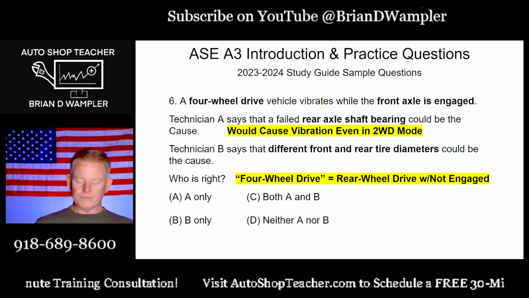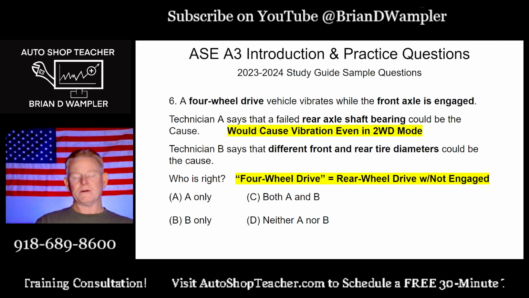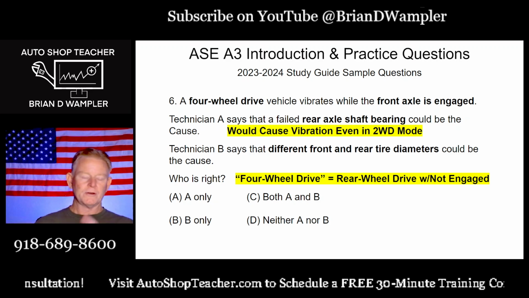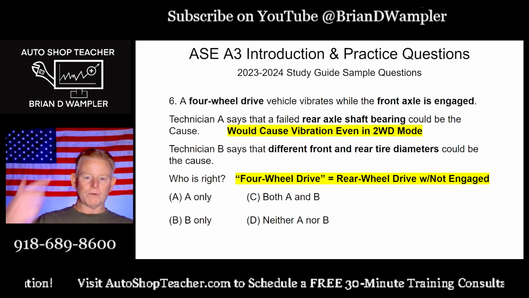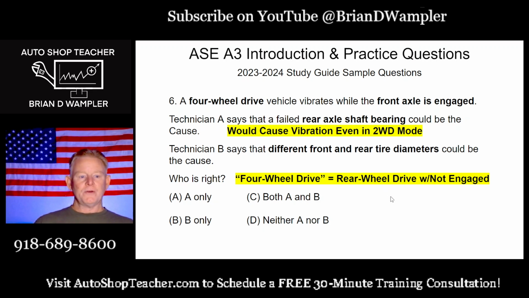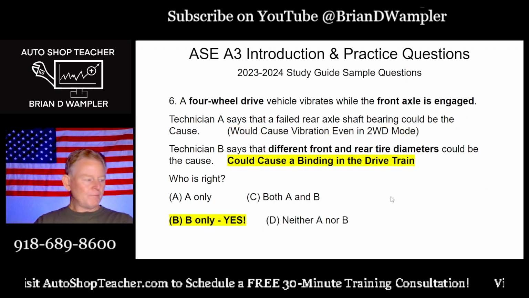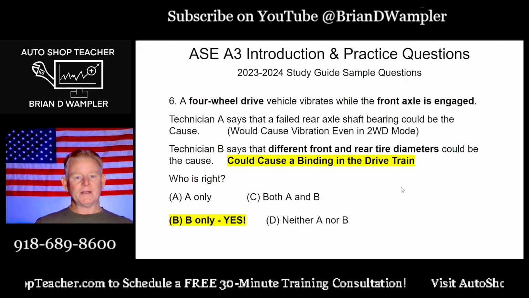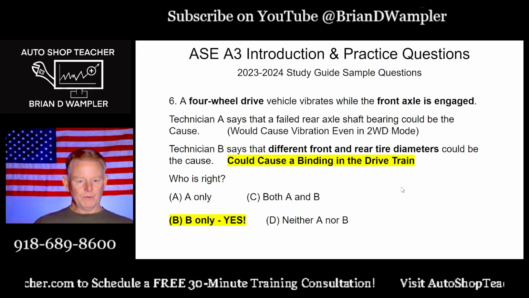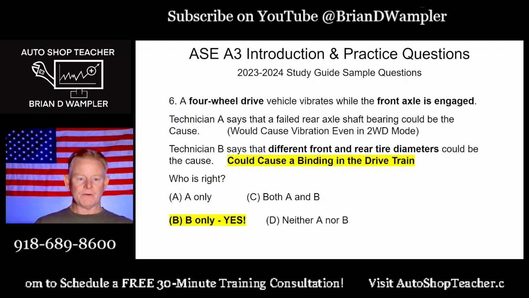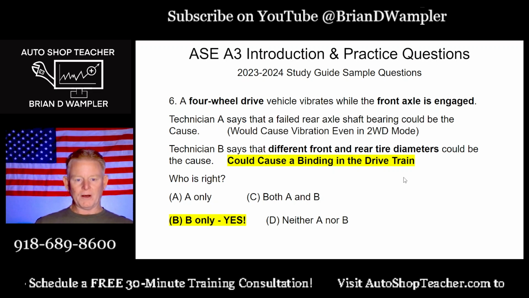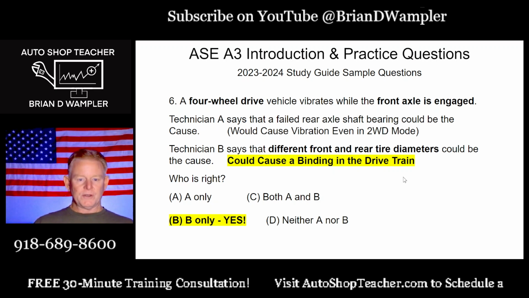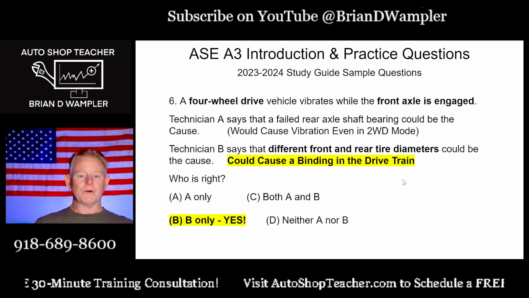To roll 10 feet, that wheelbarrow tire is probably going to go around 20 times, where the Bigfoot tire off of some monster truck is maybe going to go around once. So hopefully you have your answer now. Technician B, or as I call him Bob, is correct, because when you then engage that front axle, if the tires are not going around at the same revolutions, it would definitely cause binding through the differentials, the drive shafts, the transfer case, and it can really cause carnage, I'll say.